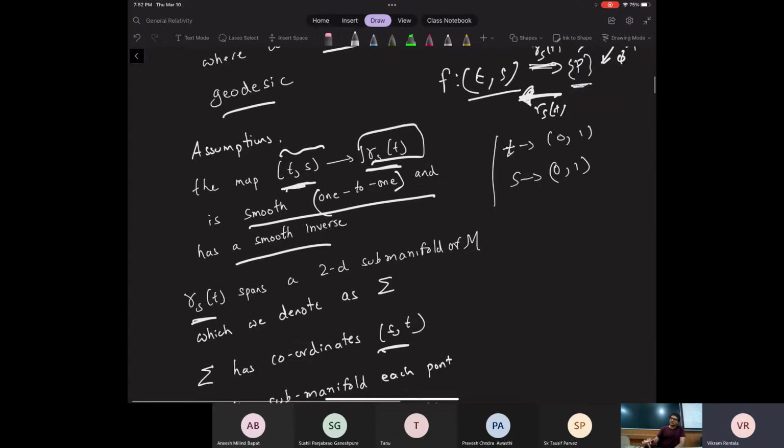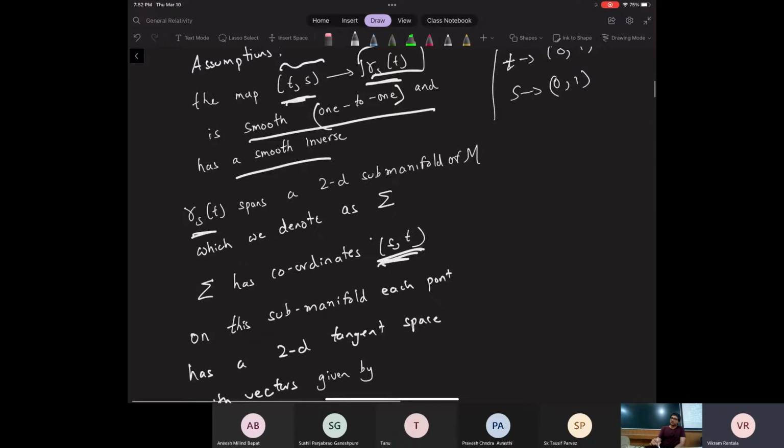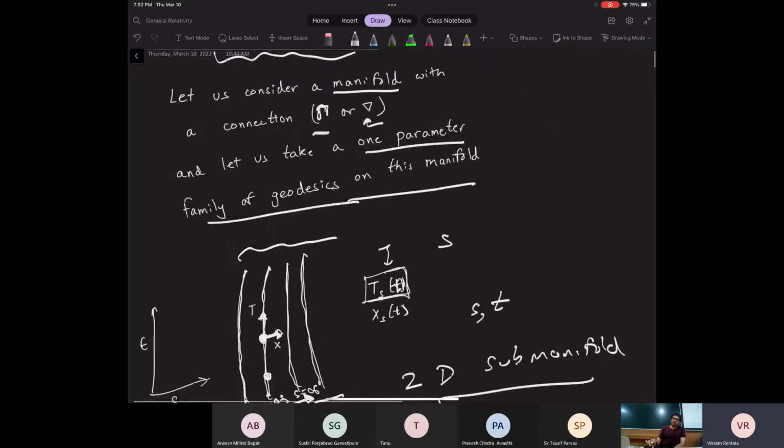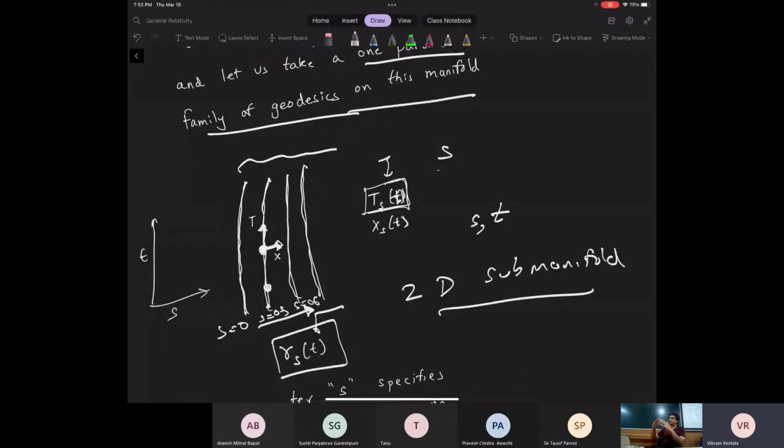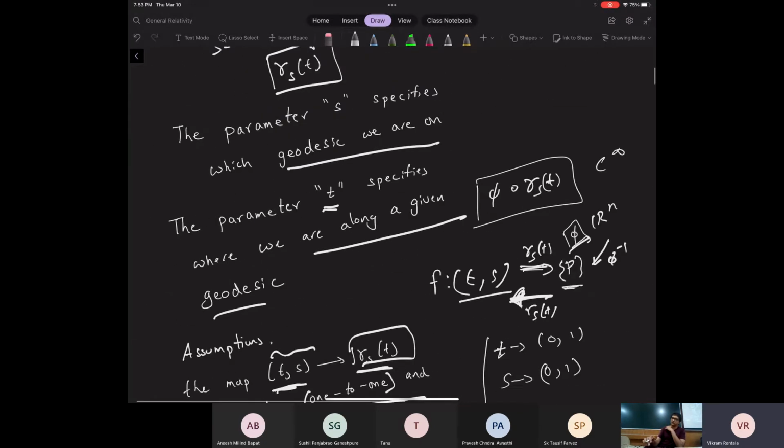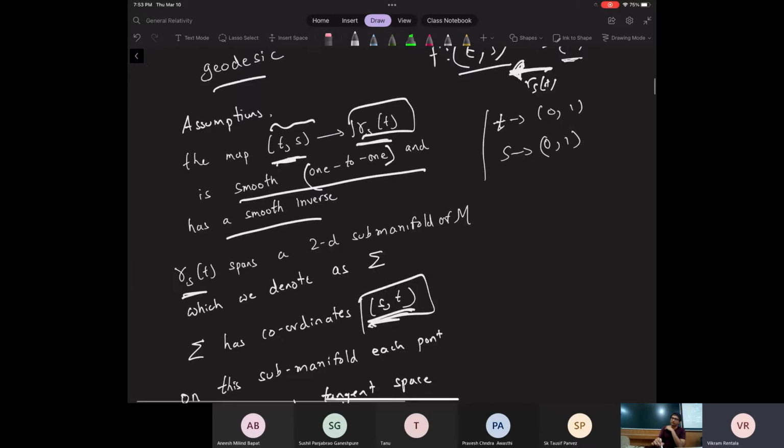So on that submanifold, we've essentially assigned a coordinate chart, where we've given it coordinates s, t. As long as the geodesics don't intersect, this is perfectly fine, because then your map is one-to-one by assumption.